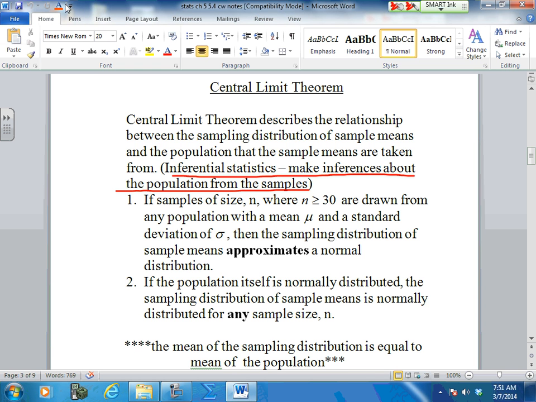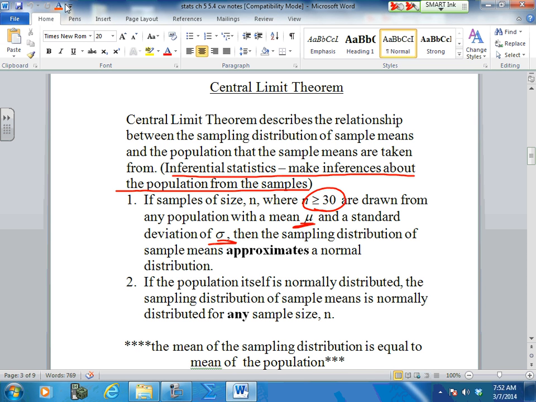And yesterday I mentioned that 30 was one of the cutoffs. Some books use 40, and some books use 20. Most of them will say 30. A lot of them do say 40, though. If samples of size n, where n is greater than or equal to 30, are drawn from a population with this population mean and this population standard deviation, then the sampling distribution of sample means approximates a normal distribution.